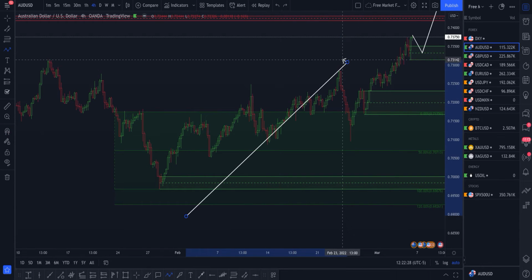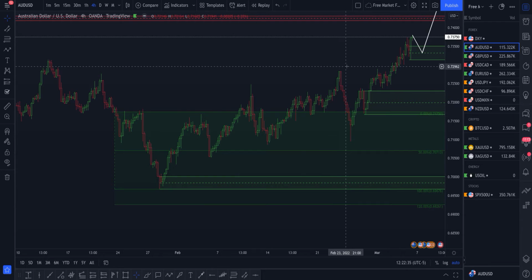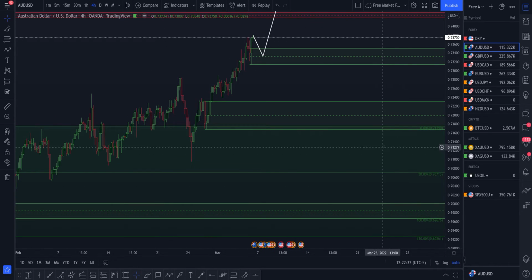Again, let me delete this. Short-term bias for AUD USD is long. So of course we'll be looking to possibly take it here. We actually do have another unmitigated 4-hour zone.